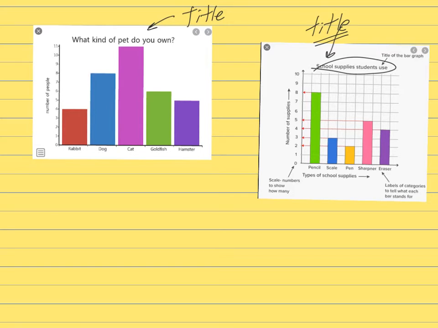Bar graph, you have an x-axis, which is the horizontal one, and then you have a y-axis. You didn't have that in the pie one, but over here you have two axes. You have the x, which is the horizontal, and then you have the y-axis, which is the vertical one.